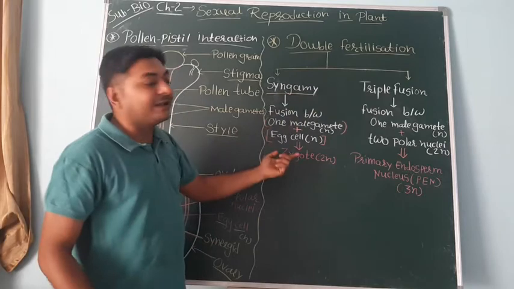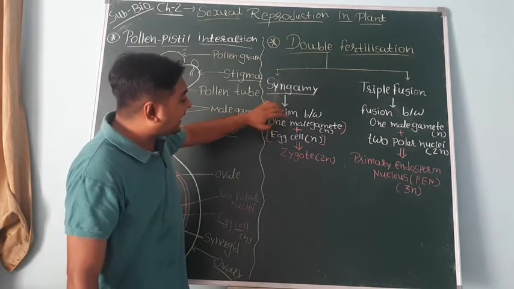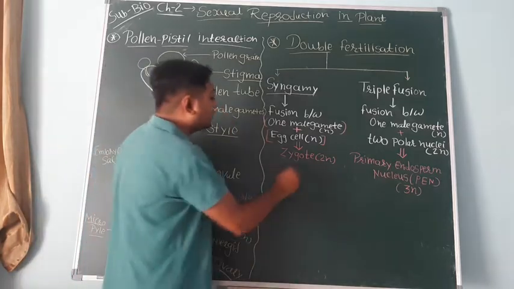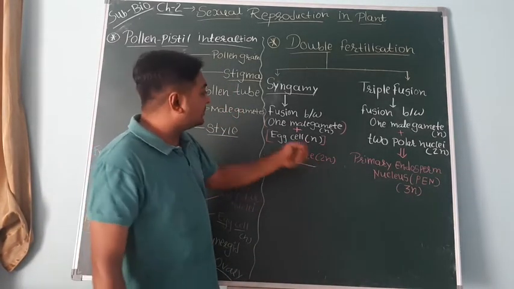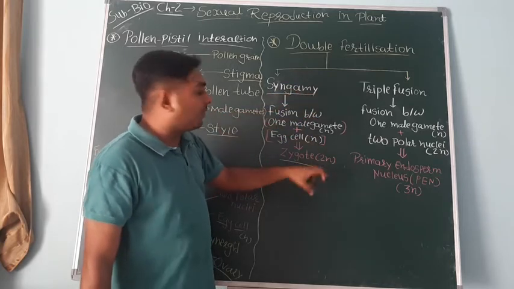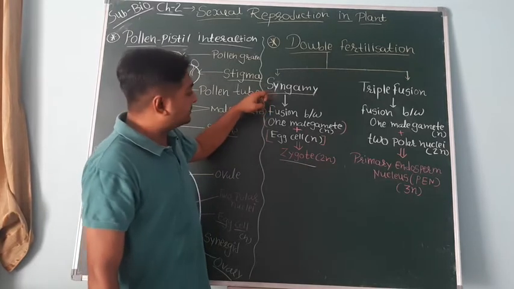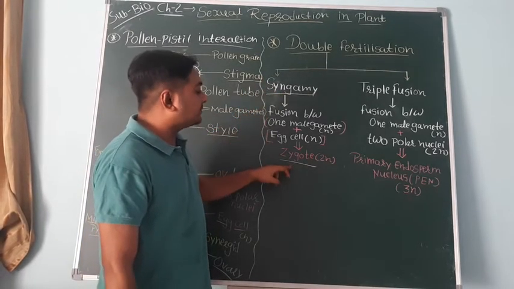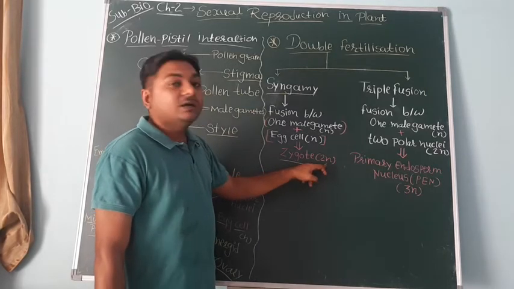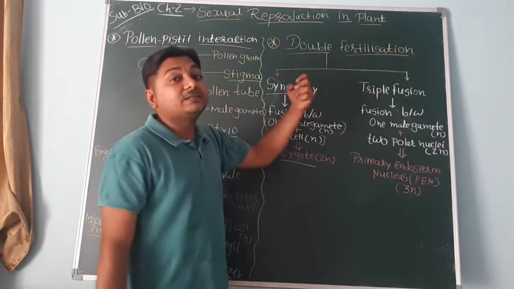They form a single cell called the zygote. Obviously the zygote is diploid, because two haploid cells combine to form a diploid cell. So the zygote is the product of syngamy. Next fusion is triple fusion.